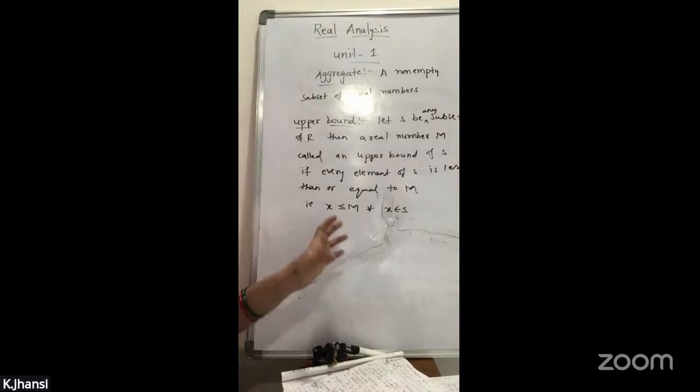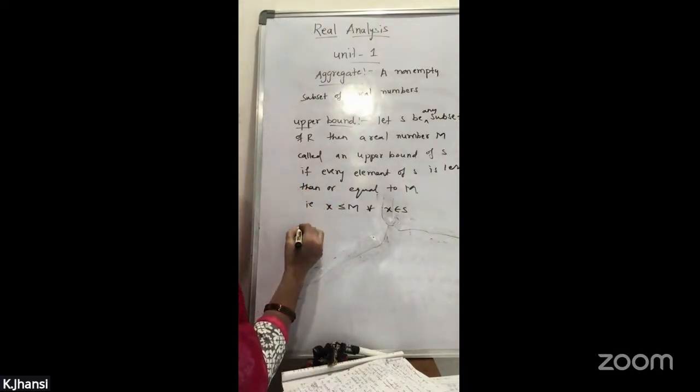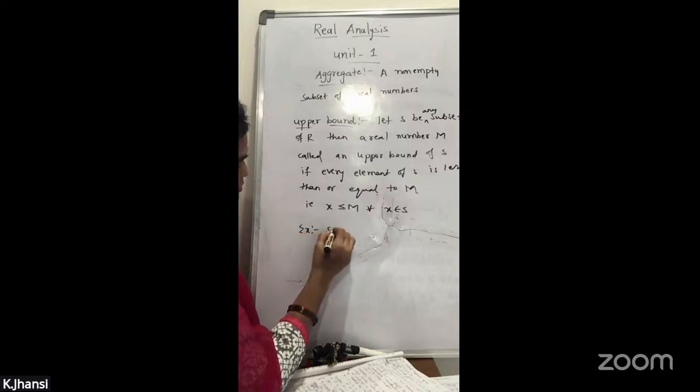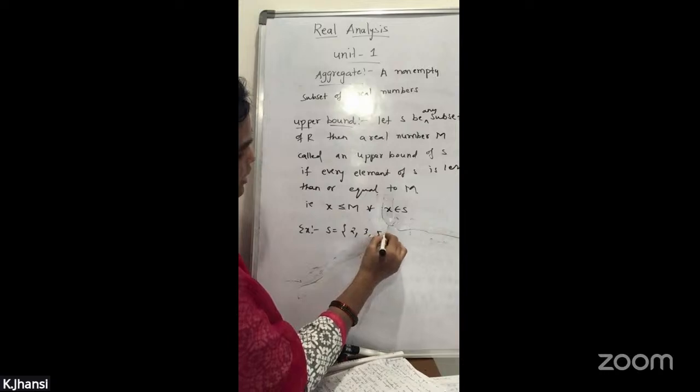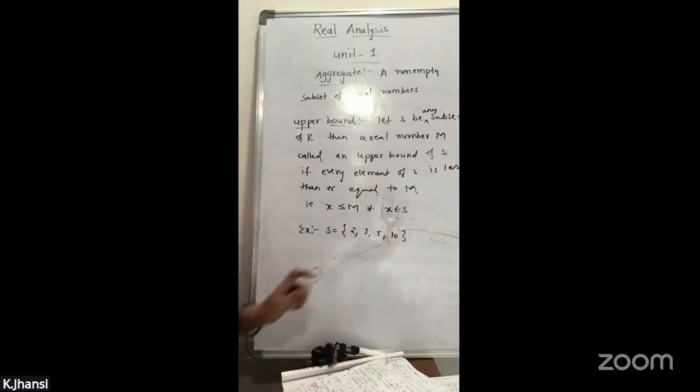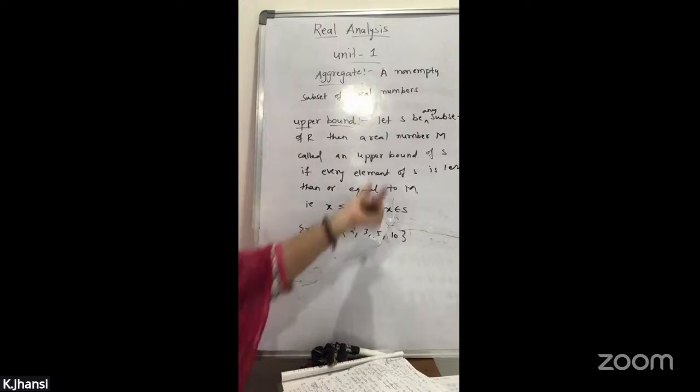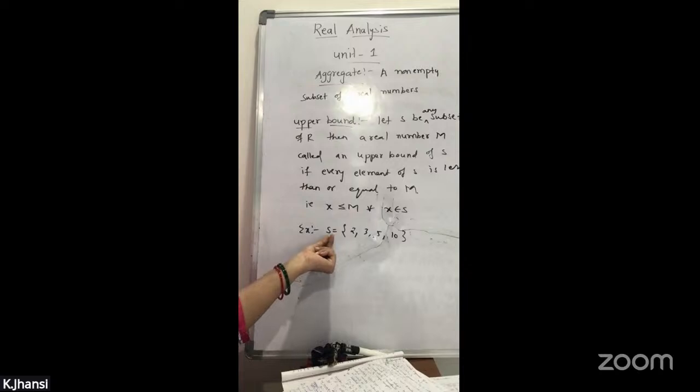S is any set we are taking. You can take an example like this: S equals 2, 3, 5, 10. So S is any set, and we have 2, 3, 5, 10. These are elements of the real numbers; we have taken some numbers from them. That's why S is called a subset of real numbers.